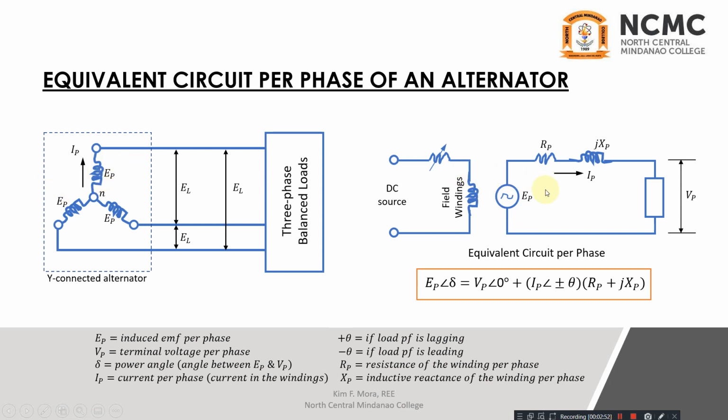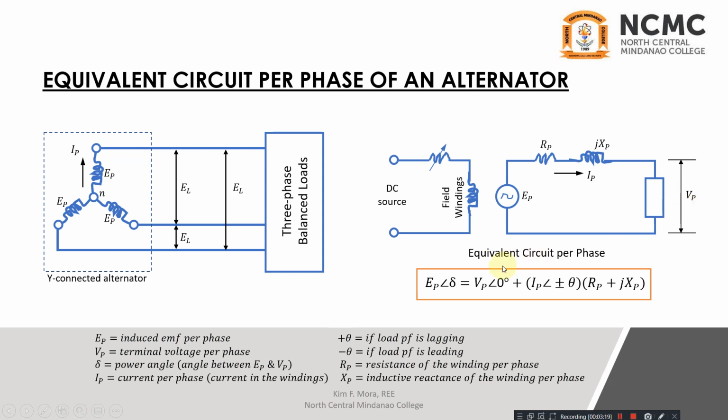Kani-kani-ganiha, which has our RP. RP is the resistance of the winding per phase. And we have this JXP, no? Diba R is resistance, X is the inductive nga resistance, no? Or katong imaginary nato nga resistance. Then we have our load and VP.